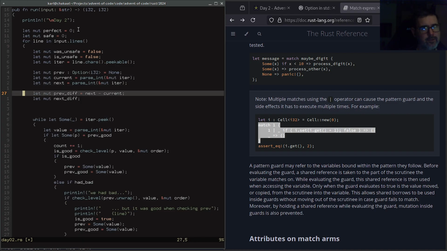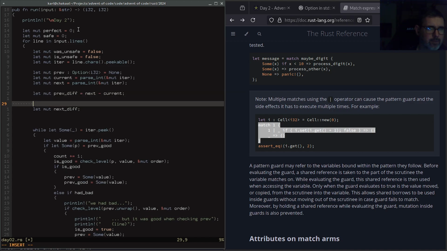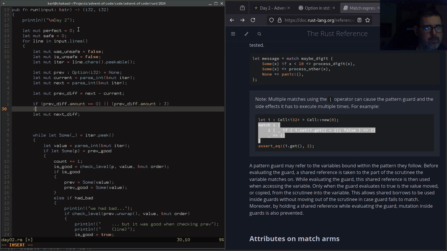I'm just thinking, right? So we have the way of determining equal two ways. Our amount will be 0, or ordering will be, I think, equal.